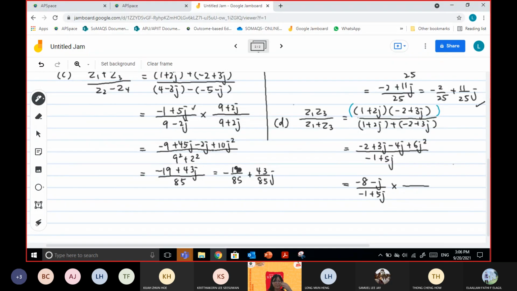What should I multiply? I want the conjugate here. I'm not asking for a final answer. You just let me know what you should multiply.